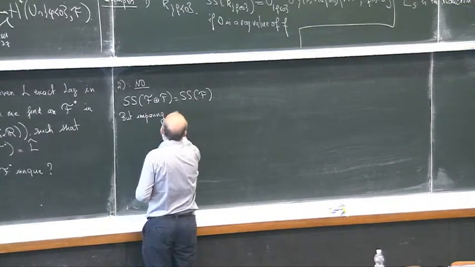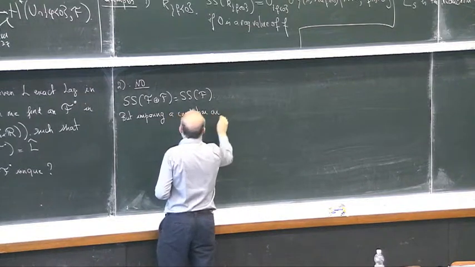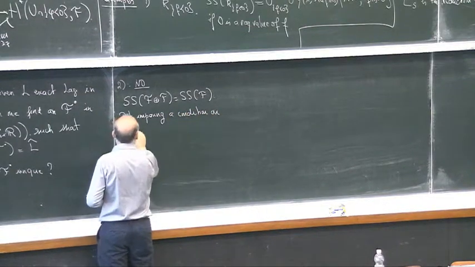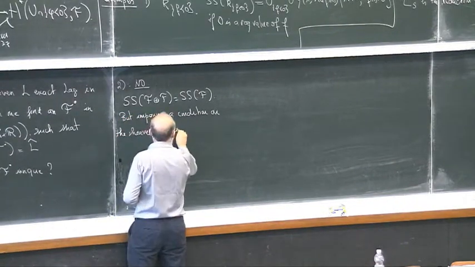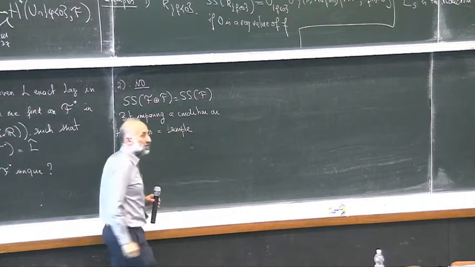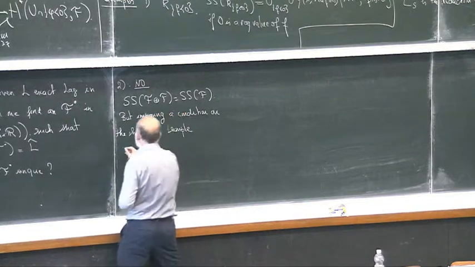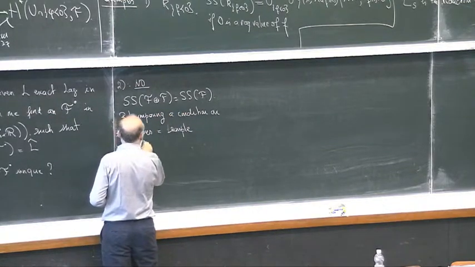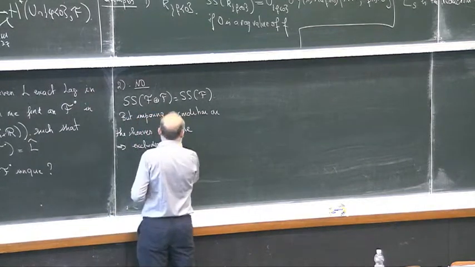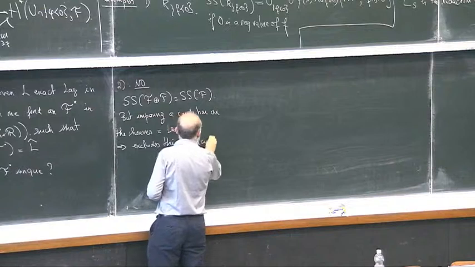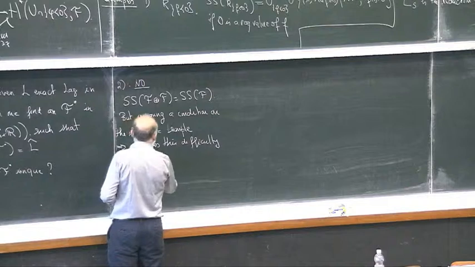But on the sheaf, you can impose a condition which is called simple. So if you have simple sheaves, then this excludes this difficulty, and one has uniqueness.